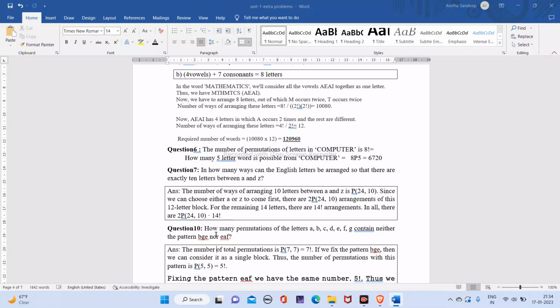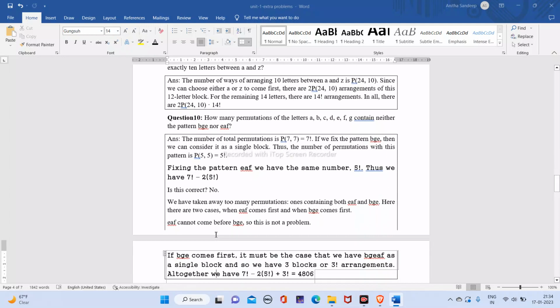Next question. How many permutations of the letters A, B, C, D, E, F, G contain neither the pattern BGE nor EAF? So here you find the total permutations, that is 7 factorial, and we fix the pattern BGE and consider it as a single block, as we have seen previously.